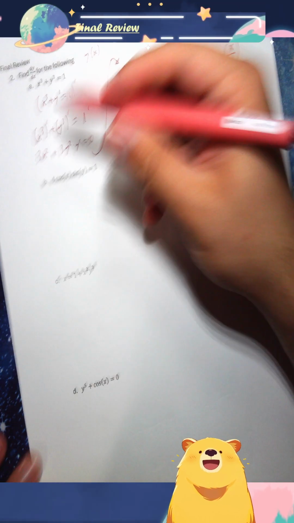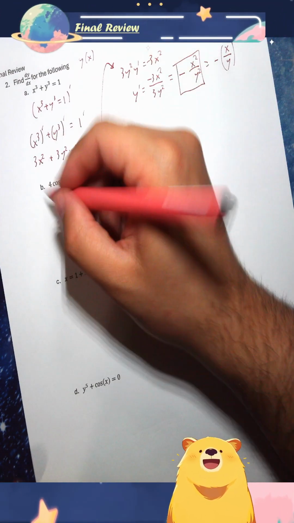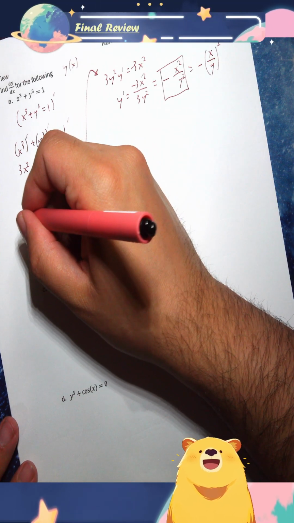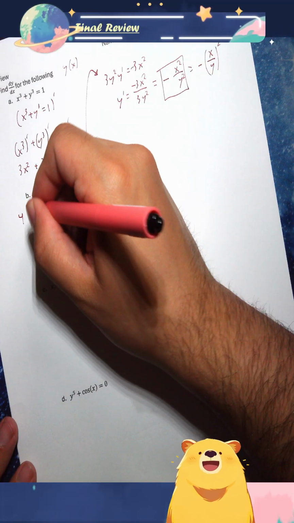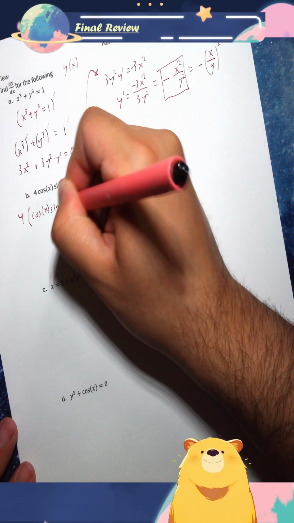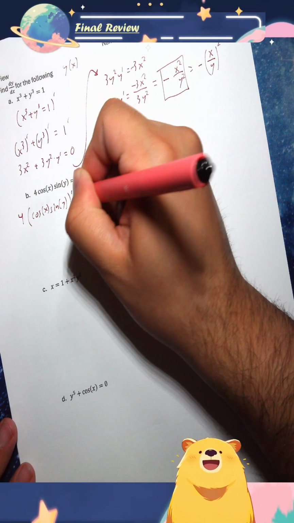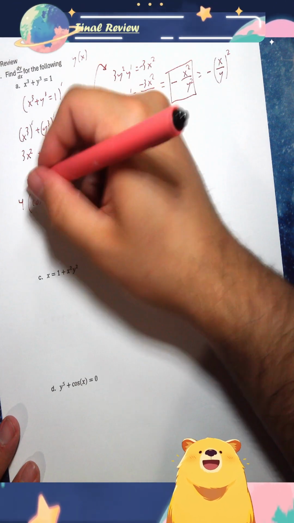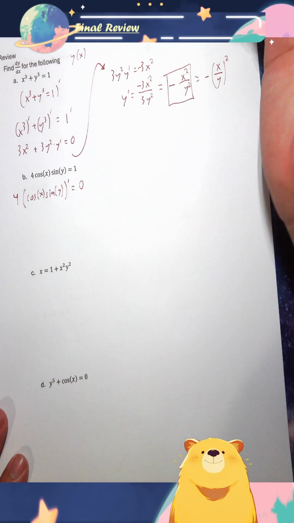Let's go over here. So this one, it seems like we're going to have the issue. Well, we can take out 4. We have to do the prime of cosine x sine y using the product rule. I already did the derivative of 1, and then 4 just gets to escape.